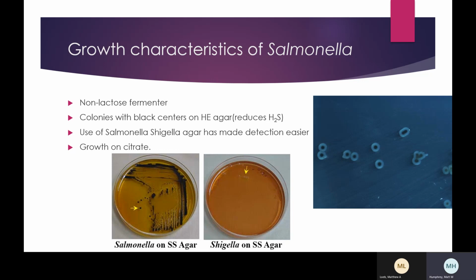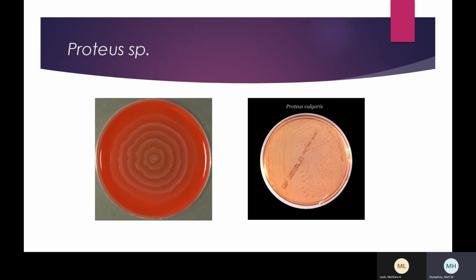And the citrate is the one that goes from green to blue? Exactly. What else can grow on citrate? Citrobacter is another one. Pseudomonas is another. Things that are usually kind of happy with really crappy environments. So you can kind of think about that.